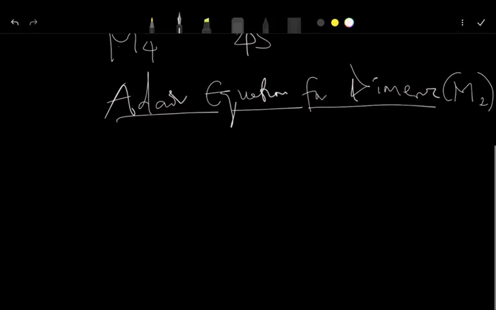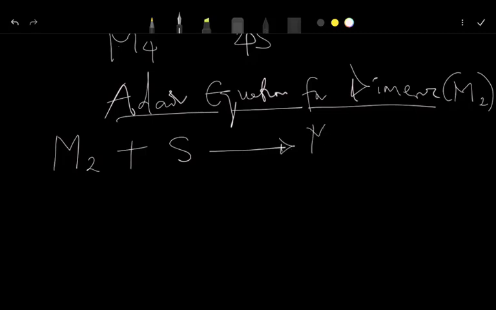Are you there with me? Alright, so I will take the M now. So we have M2. It will bind first to S and give rise to M2S. Now the constant you will put here will be KB1. Are you there with me?